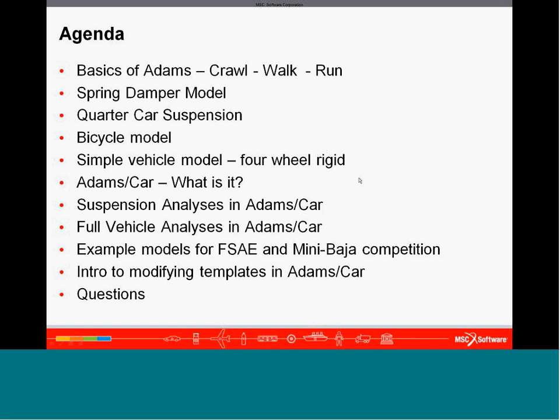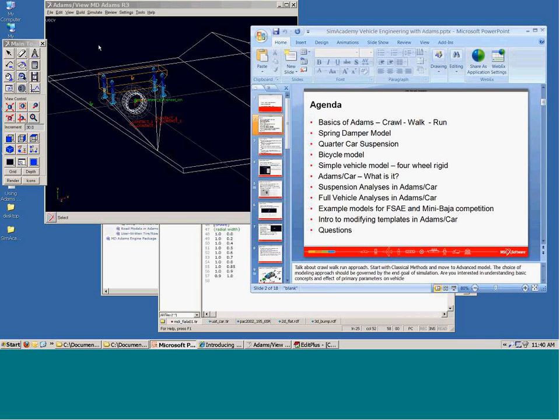The thing in this is that you have to come in and model everything by hand. That means you've got to make the left side, replicate that on the right side. You have to create your own motions to actuate the model. You have to create your own forces. You have to create your own requests, things like the toe angle request, etc.